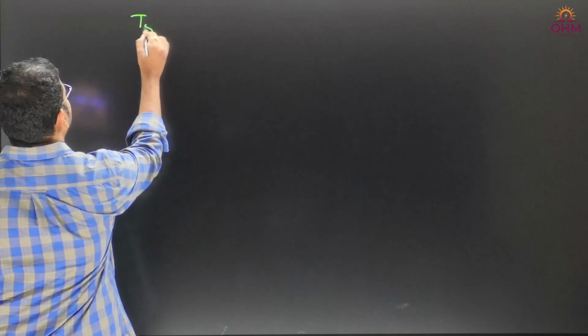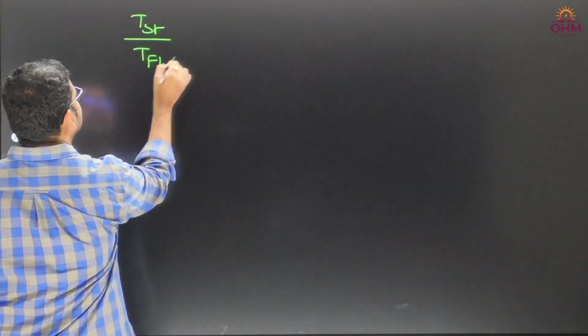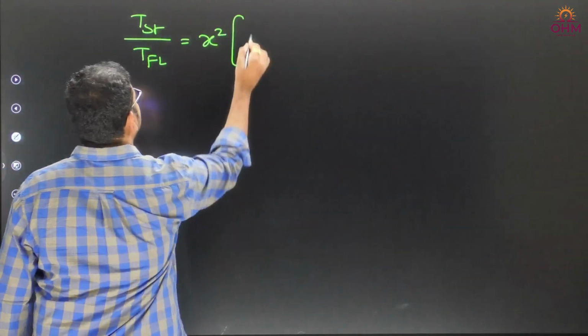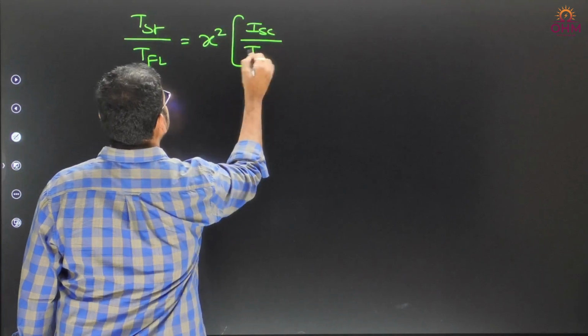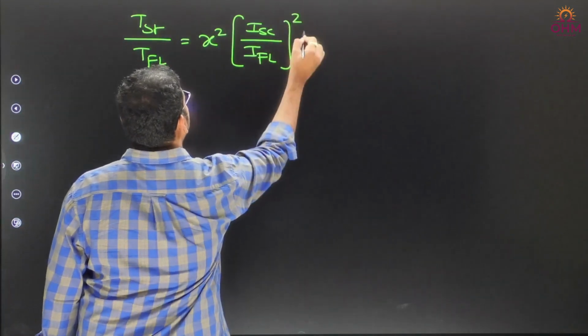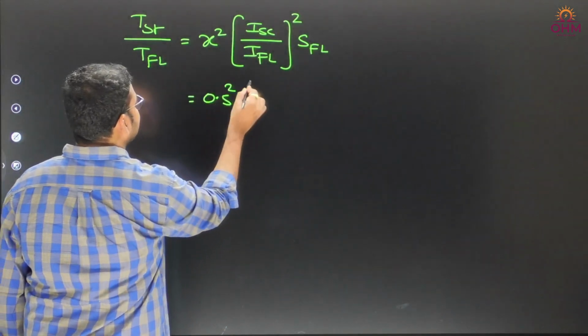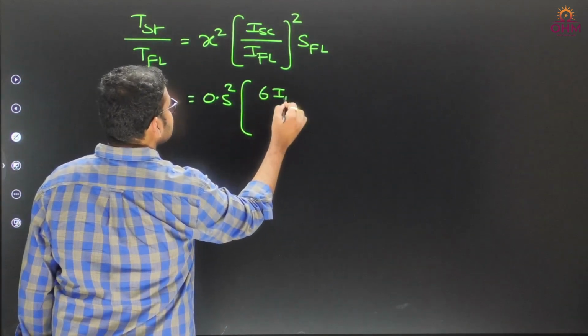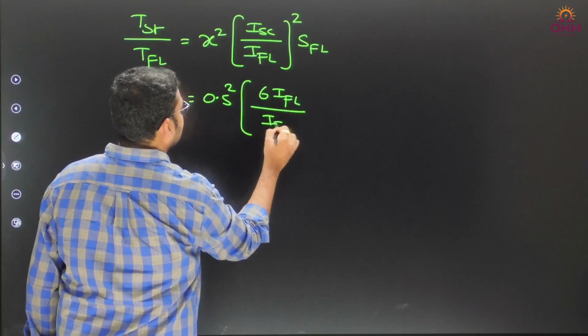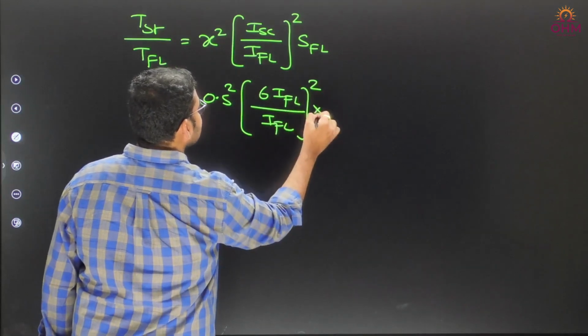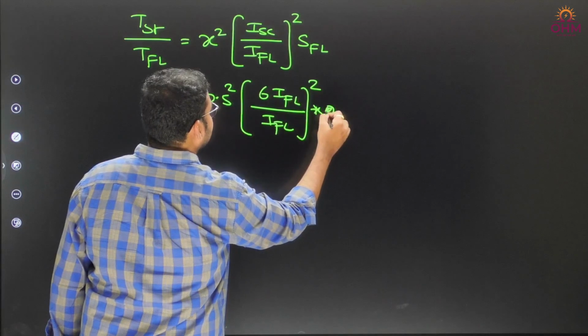So starting torque divided by full load torque, direct formula guys, x square into (ISC by IFL) whole square into slip at full load. What is x? 0.5 square. ISC is 6 times IFL whole square into slip at full load 1 by 20, right?